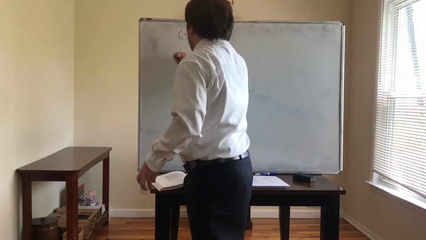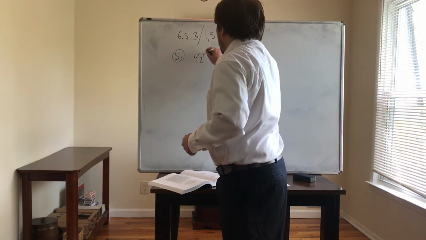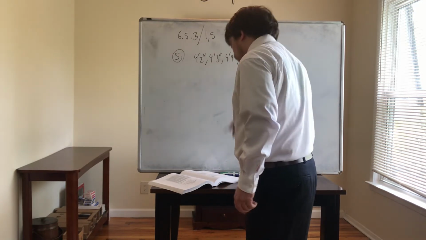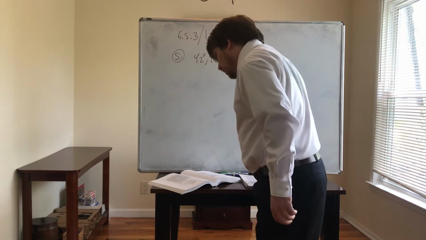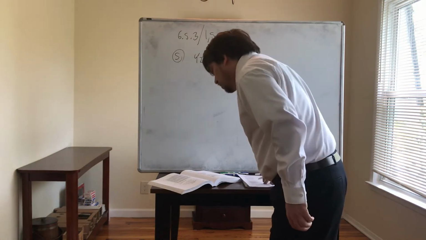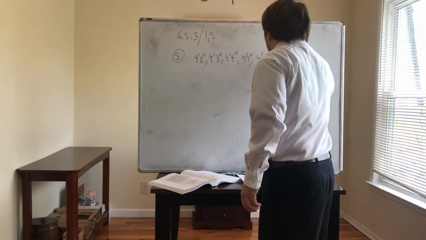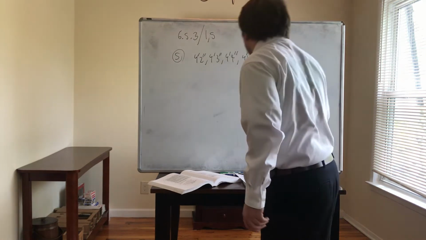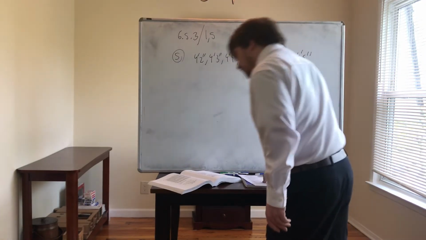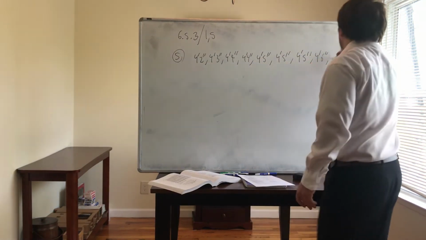Let's do number 5. Okay, so for number 5, the heights of 9 children on a certain baseball team are 4 foot 2 inches, 4 foot 3 inches, 4 foot 4 inches, 4 foot 4 inches, 4 foot 5 inches, 4 foot 4 inches, 4 foot 5 inches, 4 foot 5 inches, 4 foot 5 inches, 4 foot 6 inches, and 4 foot 8 inches respectively.